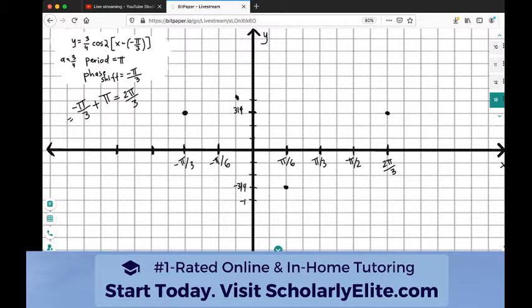Now, determining where they go in between is what usually confuses people. So once you know your middle value, which in this case is pi by 6, you can either figure that out by literally doing the line distancing if you want.